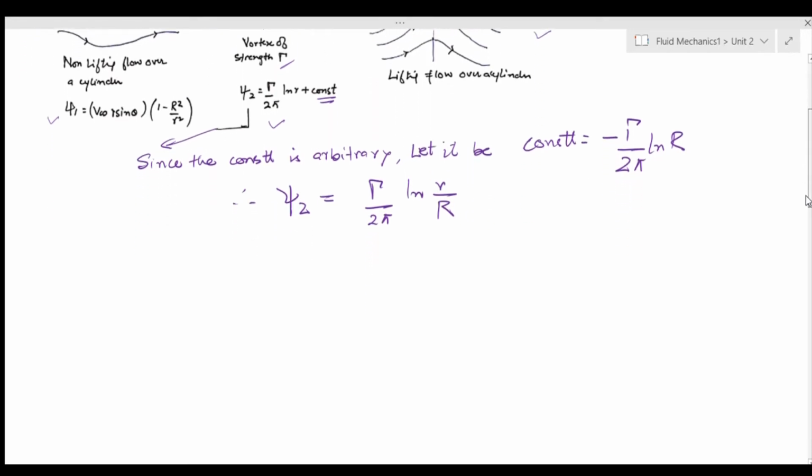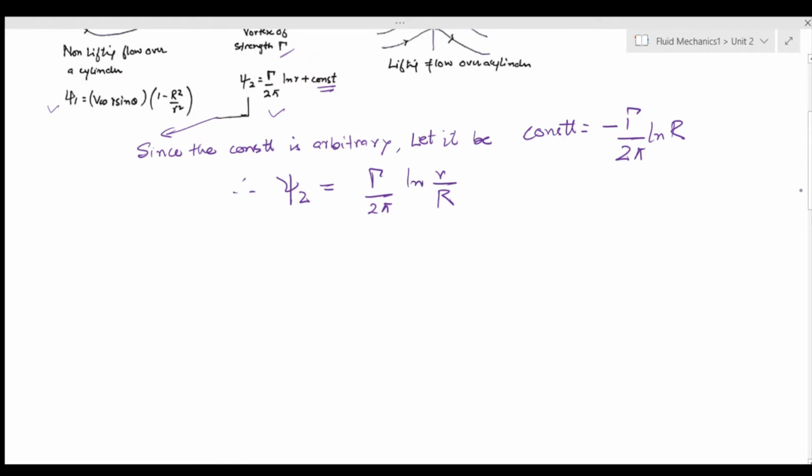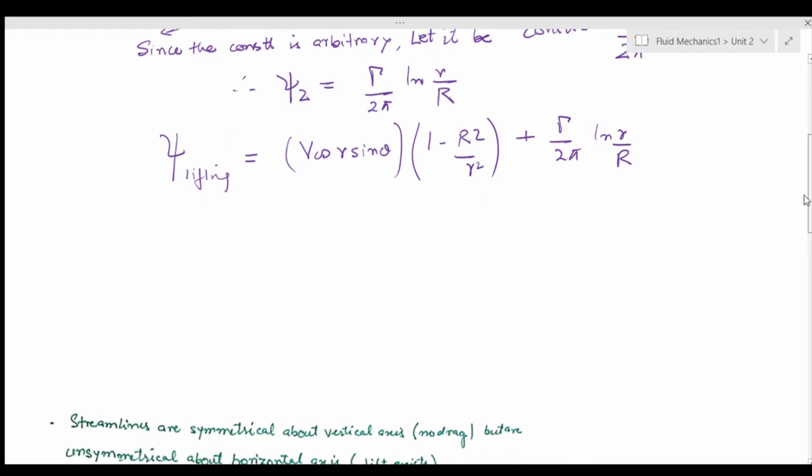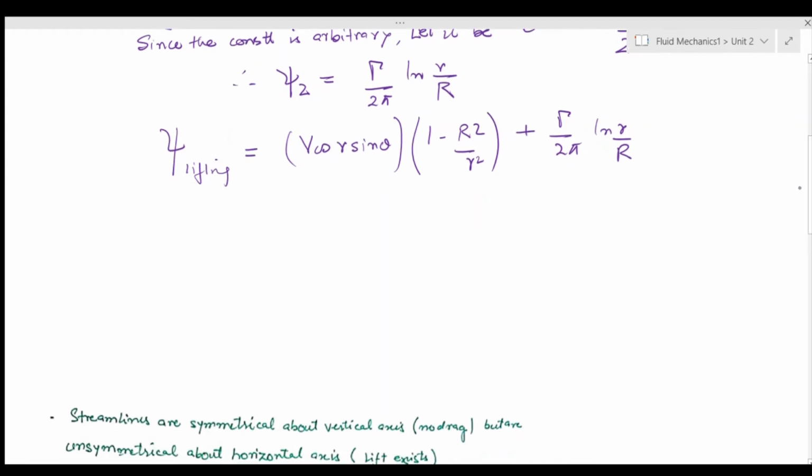So if I use this little bit of trickery, then the stream function of lifting flow over a cylinder would be equal to V infinity r sine theta times (1 minus R squared by r squared) plus circulation divided by 2 pi ln r divided by R. This is what I would get.